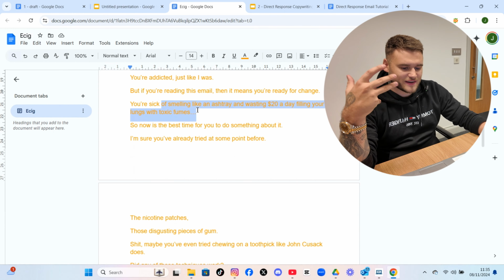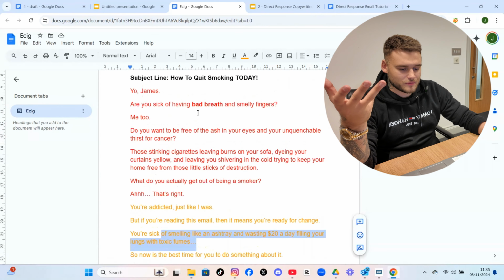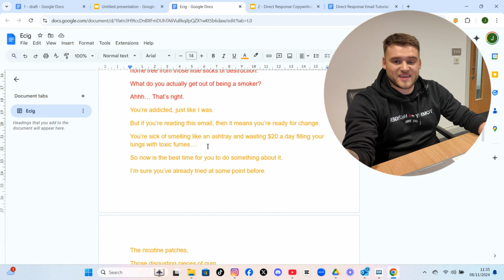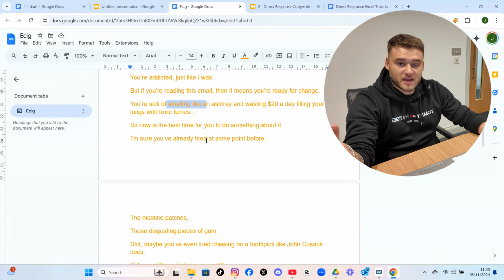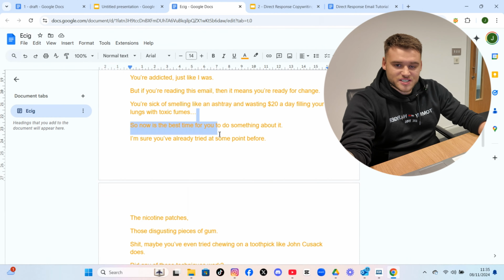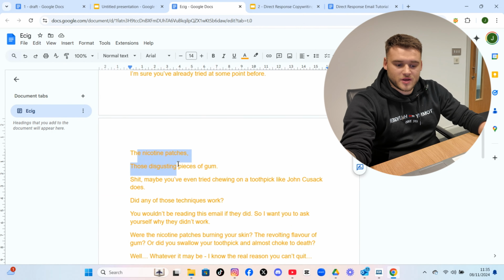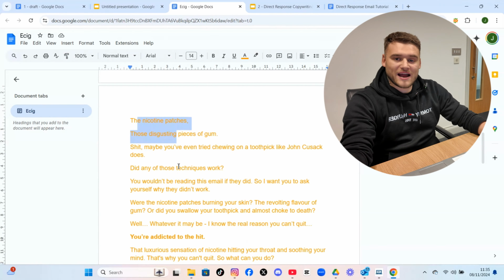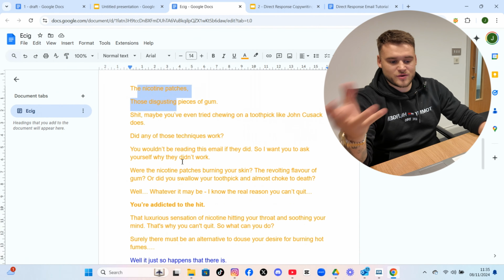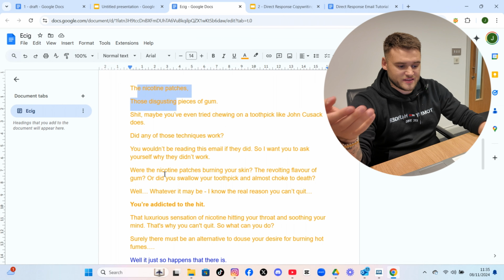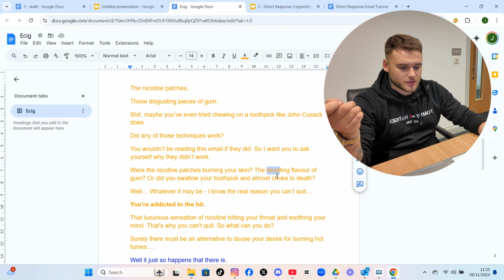And instead of identifying problems, we have presumed what they're thinking. They're sick of smelling like an ashtray and they want to do something about it, but they've tried to do something about it and failed. Why have they failed? Because it didn't work. The nicotine patches burn the skin. The chewing gum's disgusting.